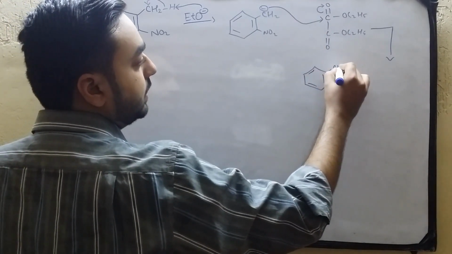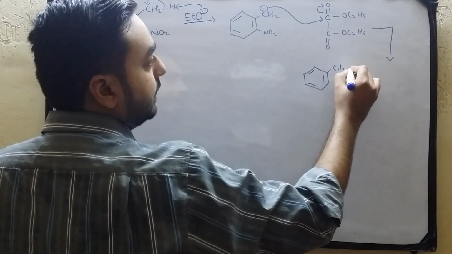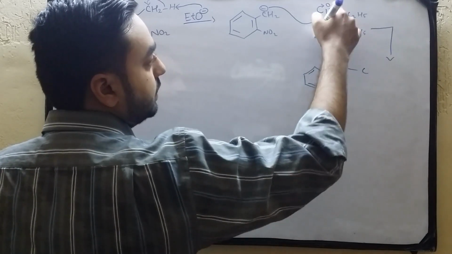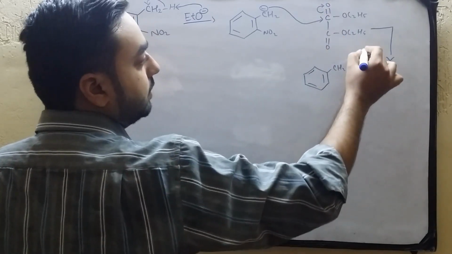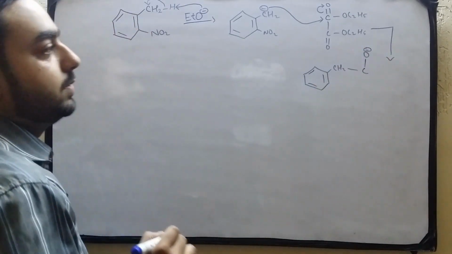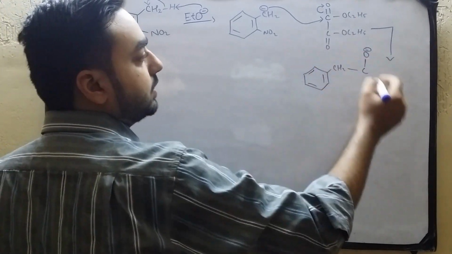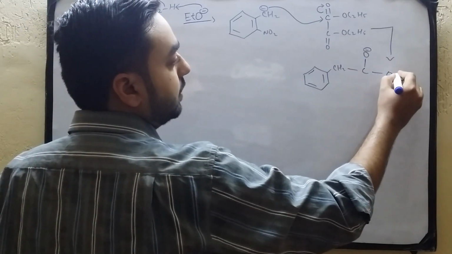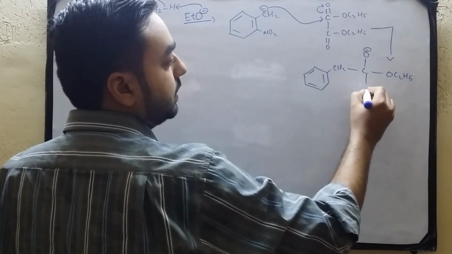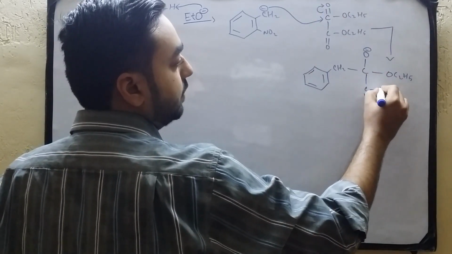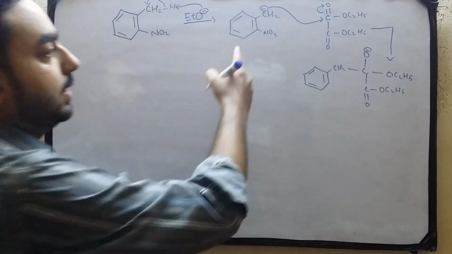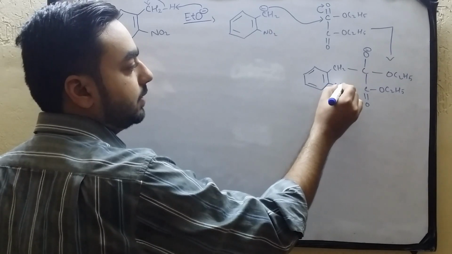Here it is CH2, then this carbon, this oxygen, and the bond which was shifted on this oxygen in the form of a negative charge, this ethoxy group OC2H5, and then this remaining group as it is, C double bond O and OC2H5, and yes, this nitro group.